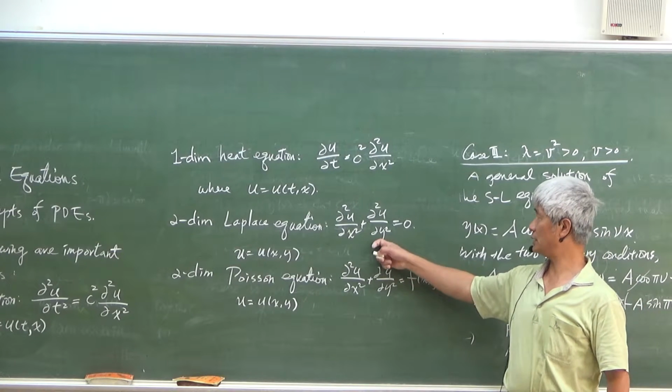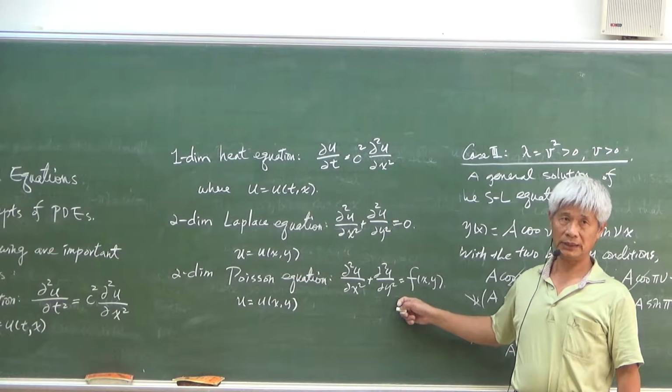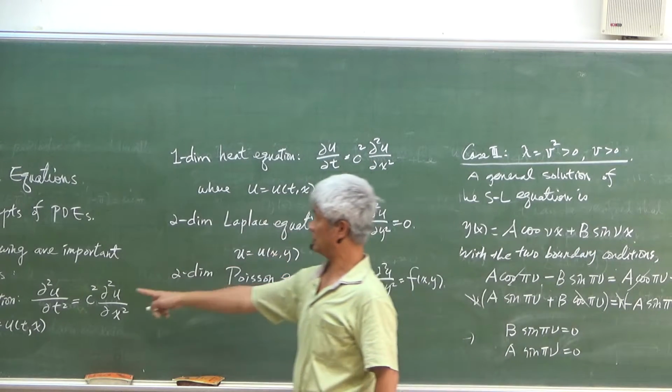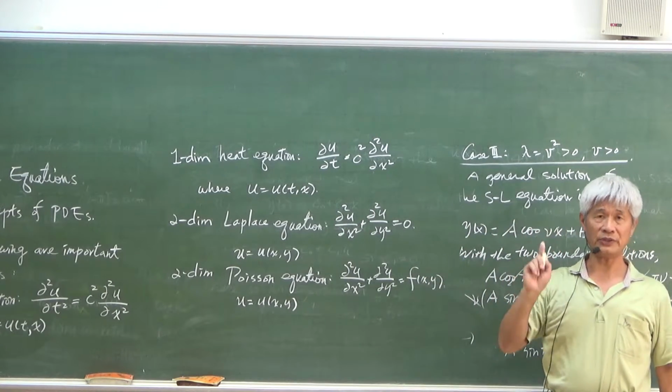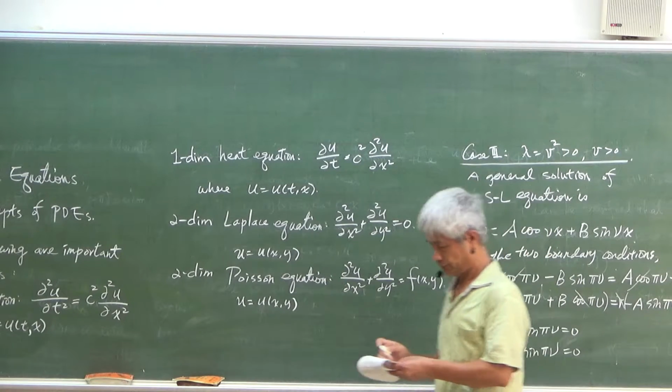So this is homogeneous, but this is not homogeneous. So the first three are homogeneous partial differential equations, but the fourth one is not homogeneous.